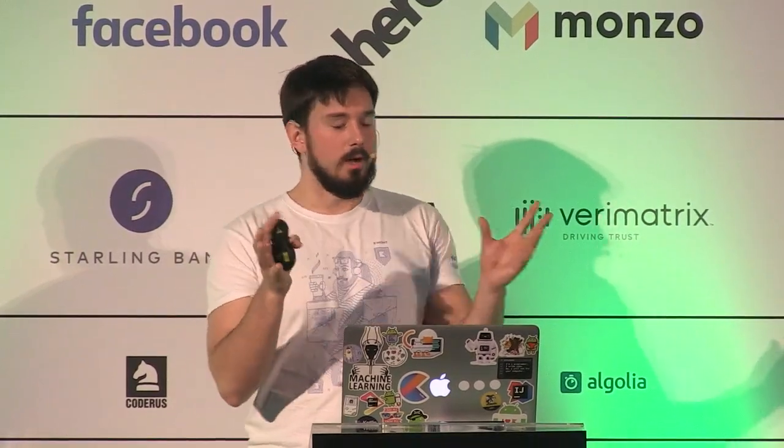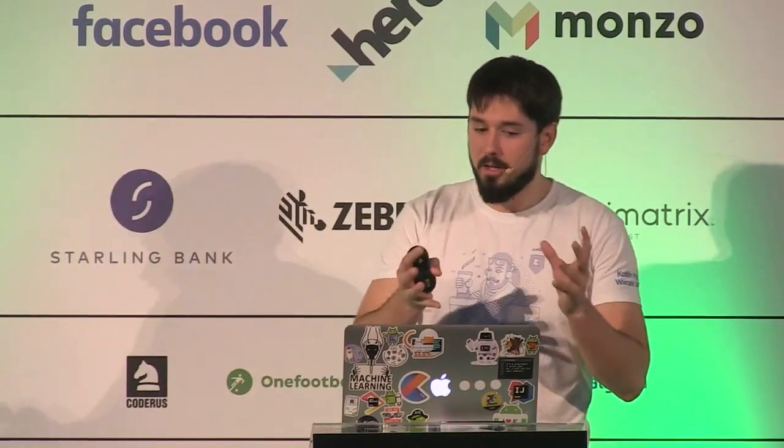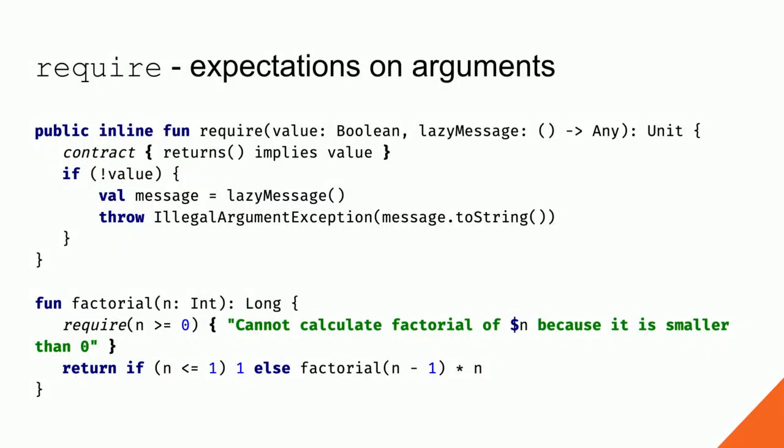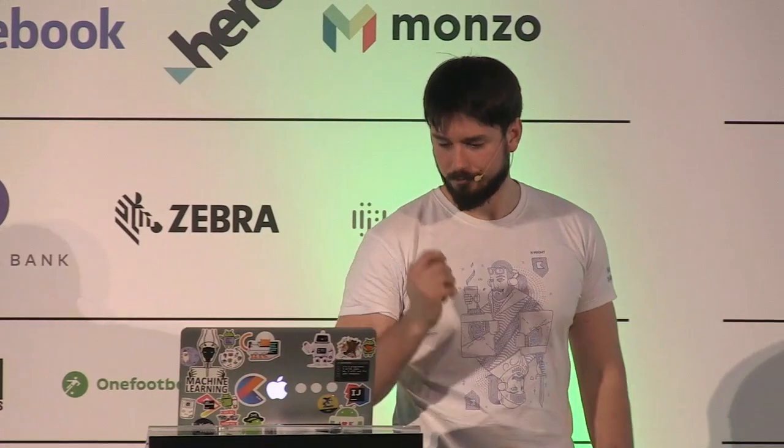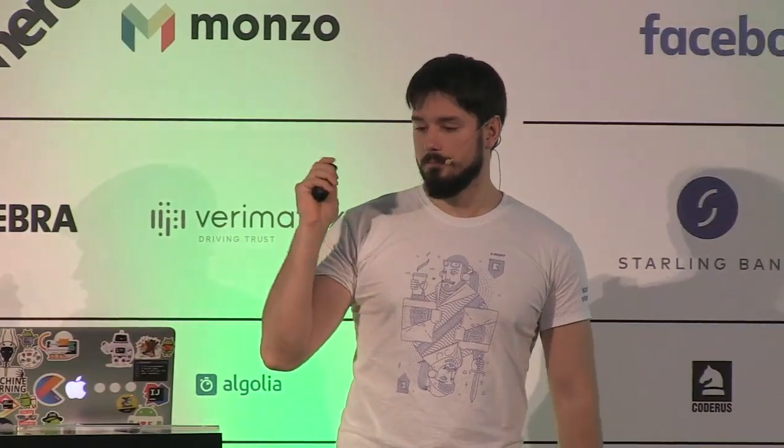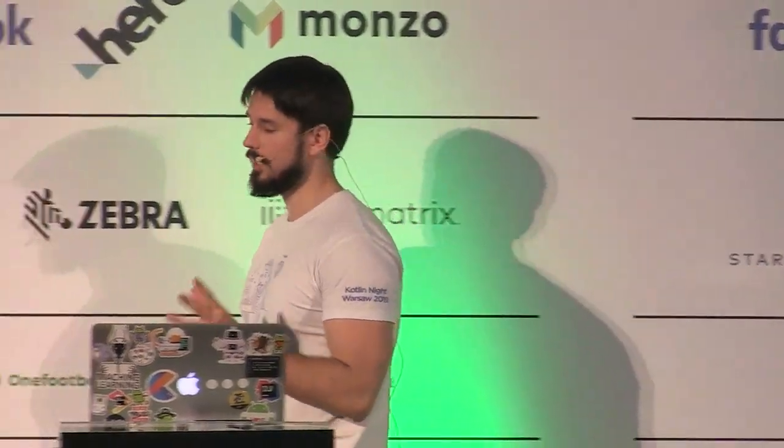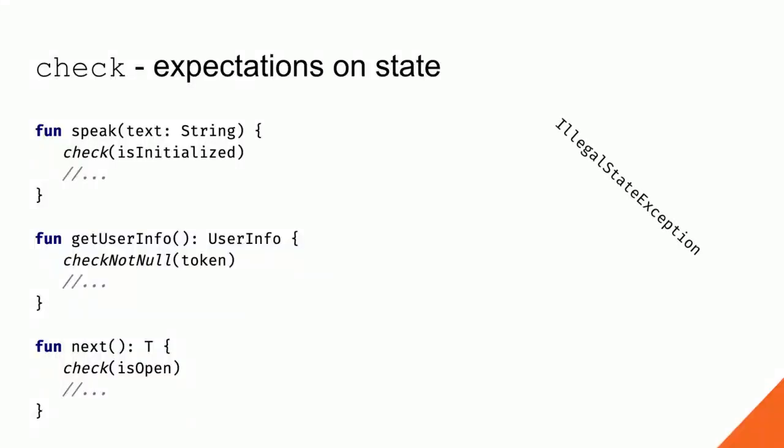This is how require looks inside. It is trivial, so it has a contract, which is very useful, and it throws illegal argument exception. And we can also specify a lazy message, so a message that should be in this illegal argument exception. Another block is check, so check state, throws illegal state exception.